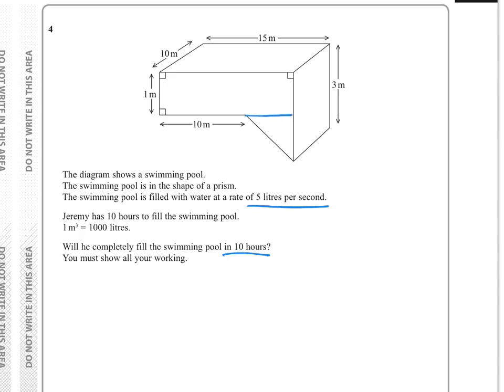So I think one way to look at this would be to say to ourselves, well, if we look at the dimensions here, this must be 5, because this was 15, and we've already got 10 here. And if this is 1, and this is 3, then this here must be 2. Now, hopefully you recall that the volume of a prism is one of the faces pushed back uniformly, i.e. it's the same shape that's being pushed back all the way.